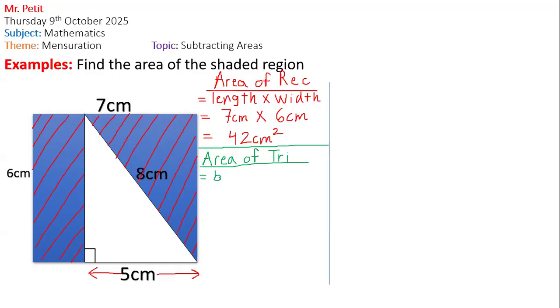Base times height divided by what? By 2. Very good. So the area of a triangle is base times height divided by 2.